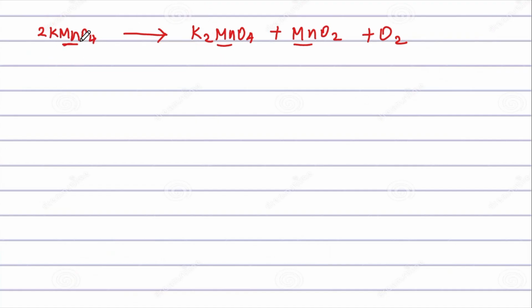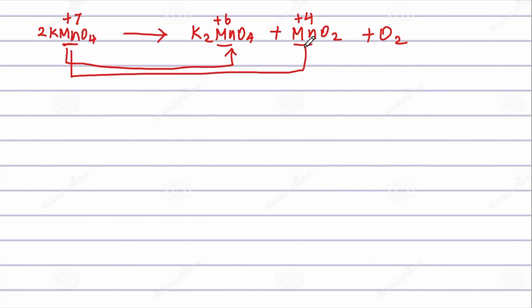So in KMnO4, that is MnO4 minus, the oxidation state of manganese is plus 7, and in K2MnO4, the oxidation state of manganese is plus 6. Then in MnO2, the oxidation state of manganese is plus 4. So from plus 7, it is decreased to plus 6 as well as decreased to plus 4. So in both the cases, the oxidation state of manganese is decreased.